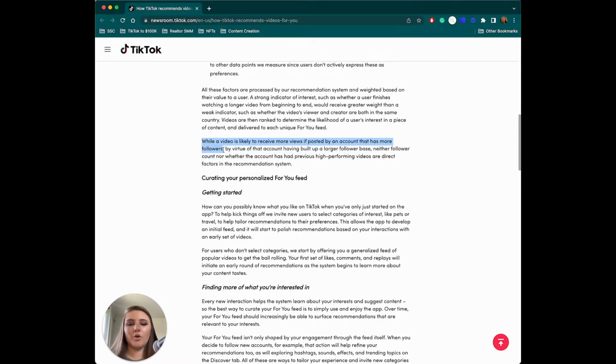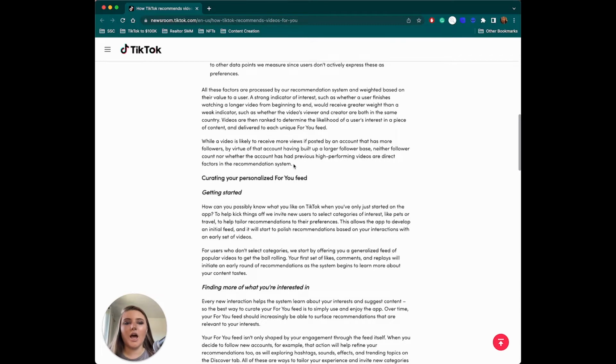But you don't necessarily have to have a large follower base to get your video out there to tons of people. And that's what TikTok is basically stating right here. This is huge for brands, and it's a huge contrast from other social media platforms like Instagram and Facebook, where the amount of followers you have is super, super important to getting your content out there.